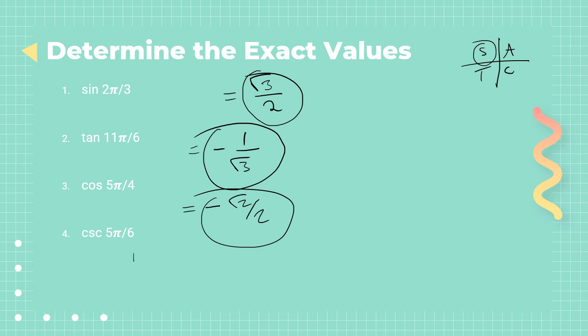Now, last but not least, cosecant. Cosecant is the inverse of sine. We'll treat the trigonometric ratio as it is. We're talking about 30 degrees because it's pi over 6. So pi over 6, which is 30 degrees, for sine is 1 over 2.